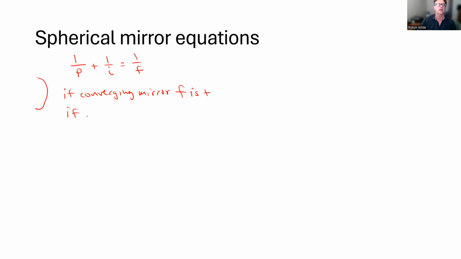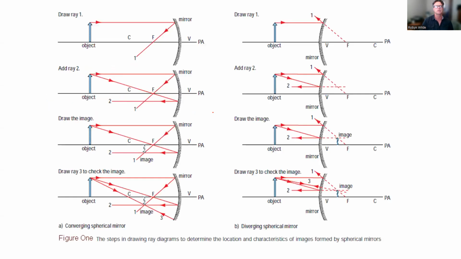If I have a convex or diverging mirror, F is negative because it's on the negative or virtual side. So just go back real quick. You can see that again over here, this type of mirror, this diverging or convex, has a negative focal point because anything on the virtual side where the light does not go is going to be denoted by a negative number.